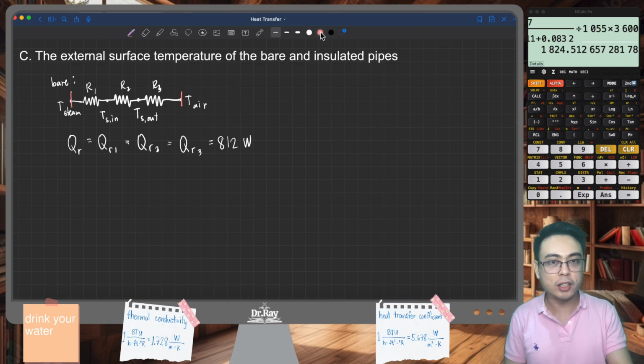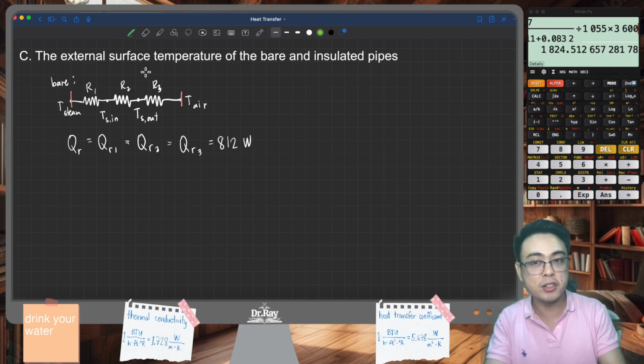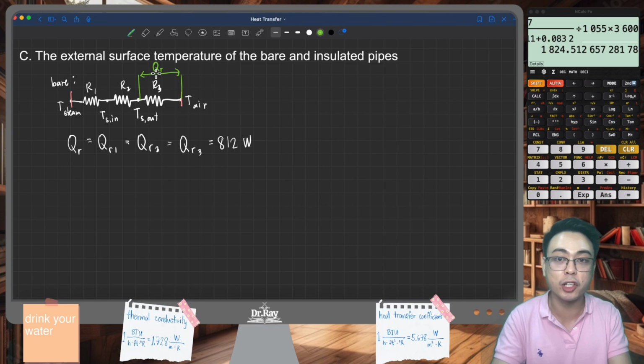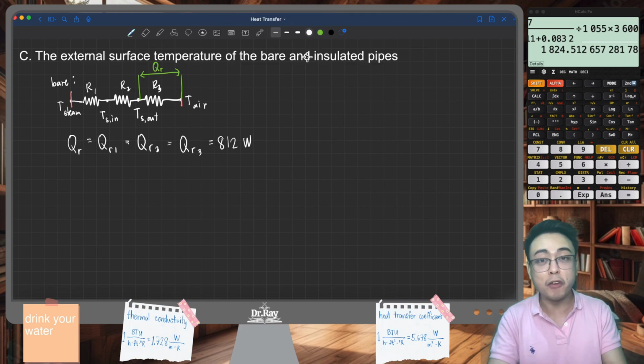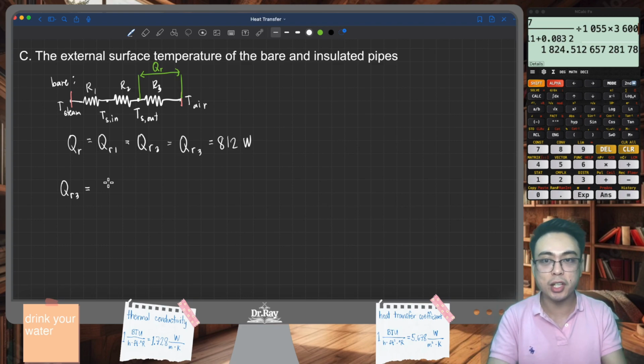So take a look at the green markings here. If I'm going to slice the equivalent resistance diagram from here to here, this one right here should have the same value of the radial rate of heat transfer Q. But our definition of the driving force will change. So if I'm going to write it like this, QR3, which means this is the rate of heat transfer passing through the third resistance, is equal to the driving force in the third resistance, which are marked by the green lines here and here.